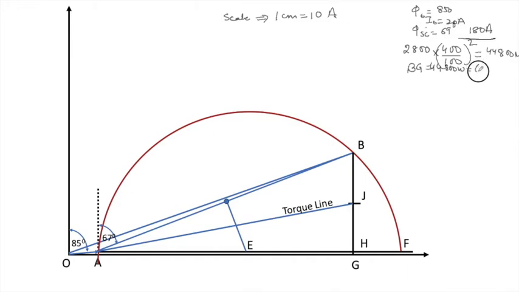So our power scale will be 44800 divided by 6.7, which comes out to be 6686 watts. That is our power scale. This means 1 centimeter on the power scale measures 6686 watts.